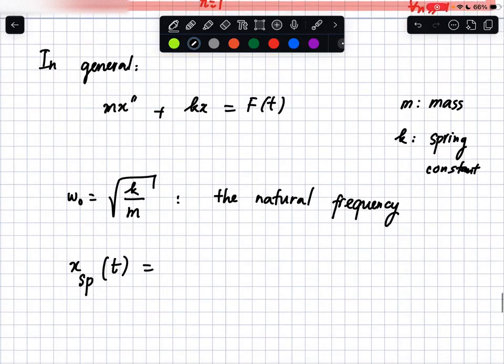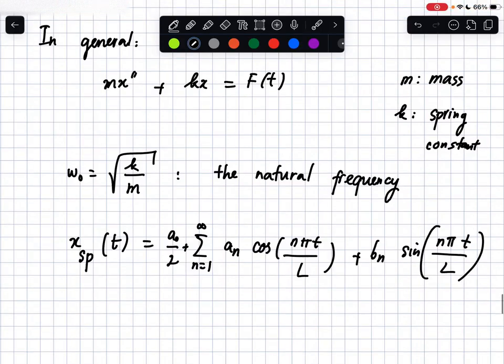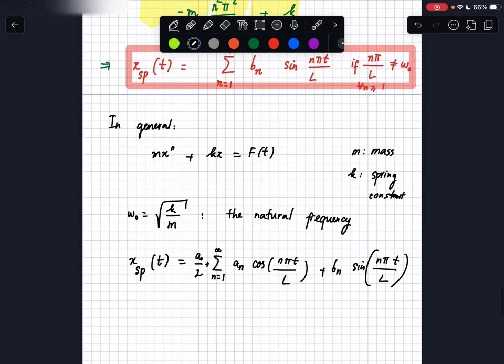We can use the Fourier series method to compute that. Summation a naught over 2 plus summation n from 1 to infinity of an cosine n pi t over L plus bn sine n pi t over L. The methods as we have done before.